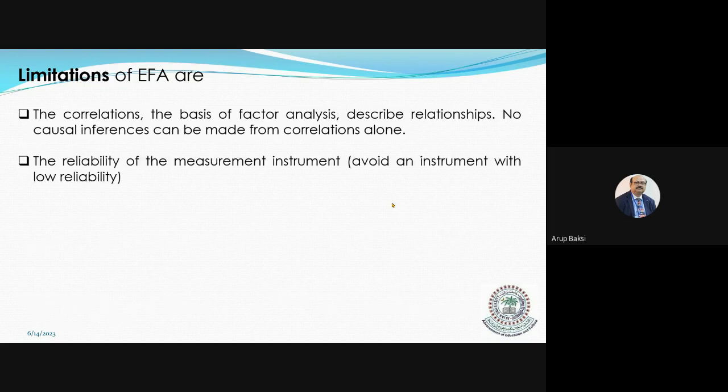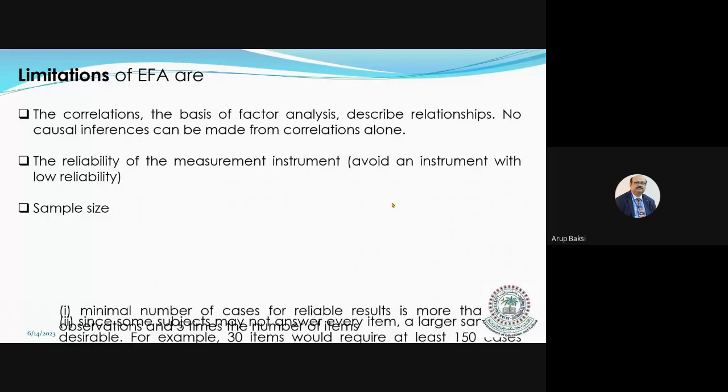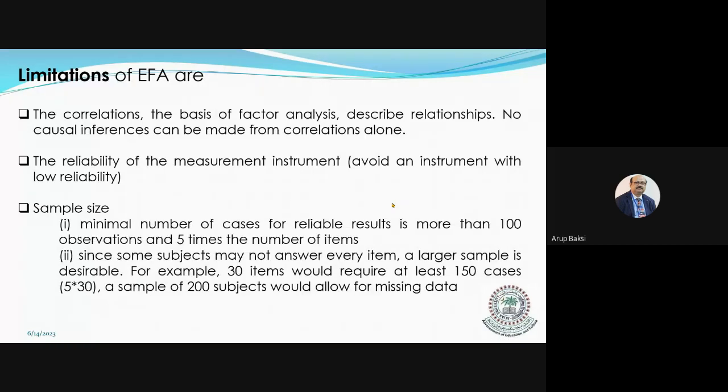The reliability of the measurement instrument is again a matter of question. For the internal consistency of the scale being identified, a lot of tests have to be conducted before you become very sure about the reliability and the validity of the instrument. The sample size is a question. Normally, we require a very large sample size to conduct an EFA.